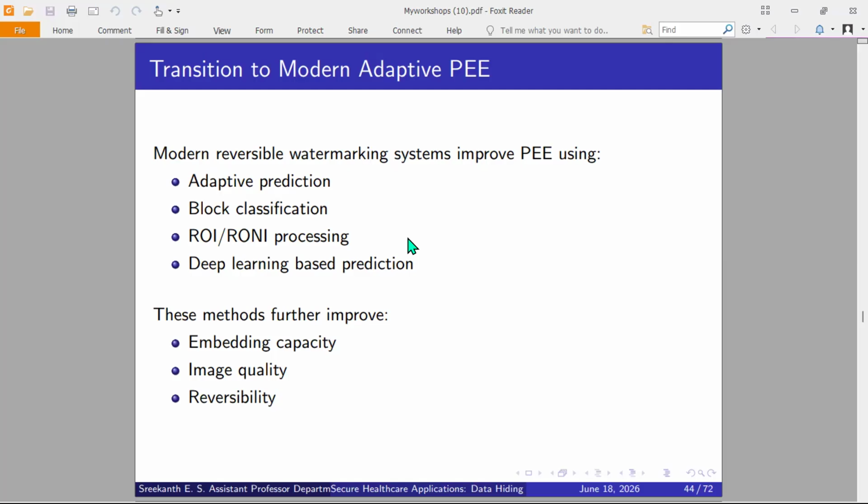Suppose, for example, tumor detection. Different tools are available nowadays to locate the region of interest. You can use machine learning to identify the region of interest. Different models and tools are available for identifying it.